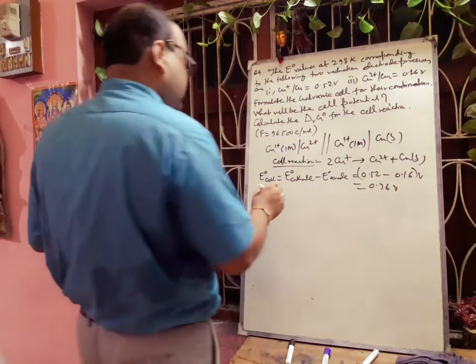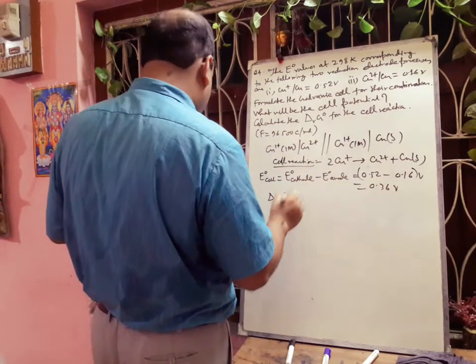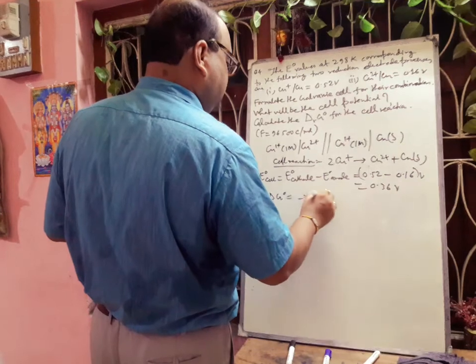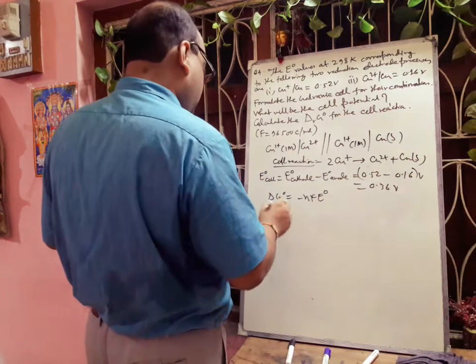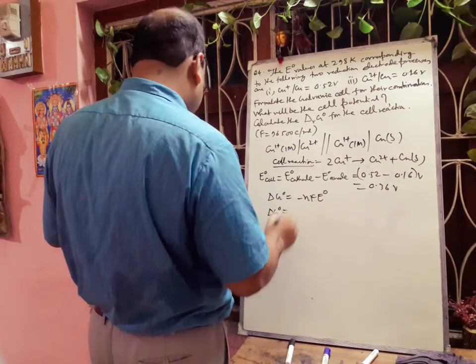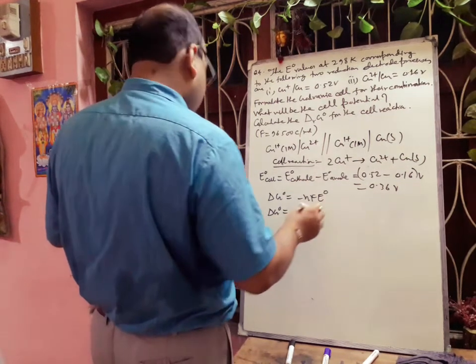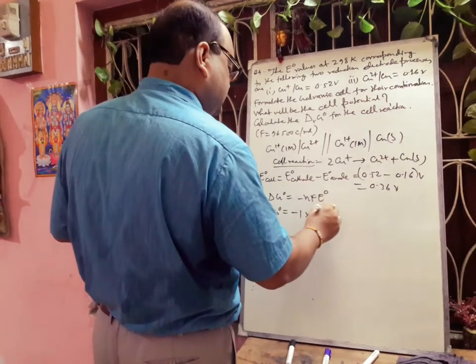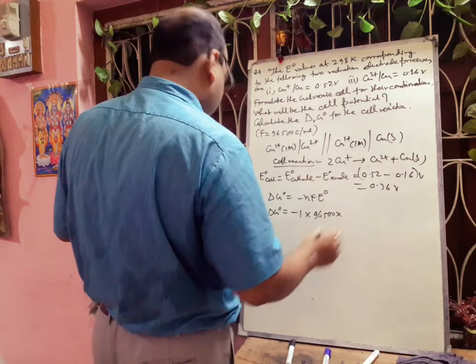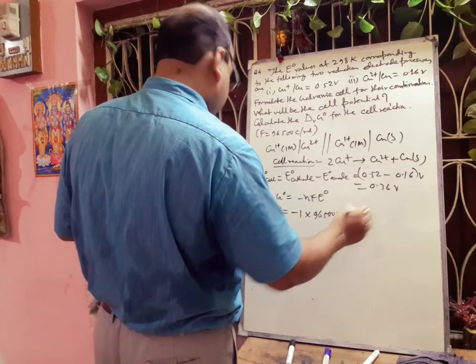Now we know that delta G0 is equal to minus nFE0. So from here we can easily calculate delta G0. Here the number of electrons is 1, F is equal to 96,500 coulomb and the E0 value is 0.36 volt.